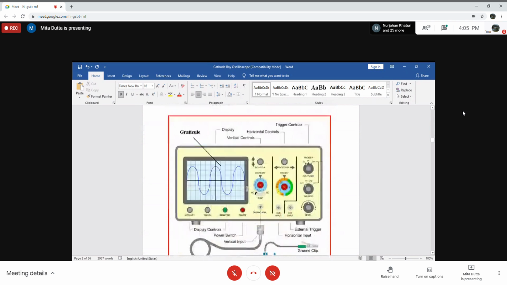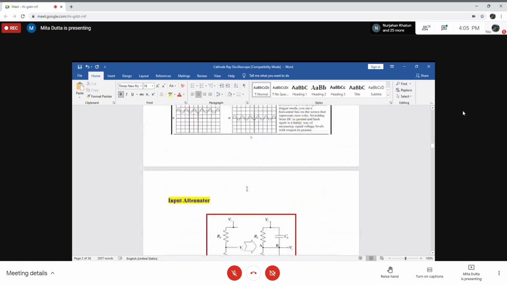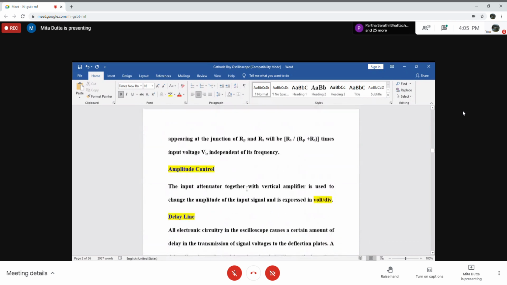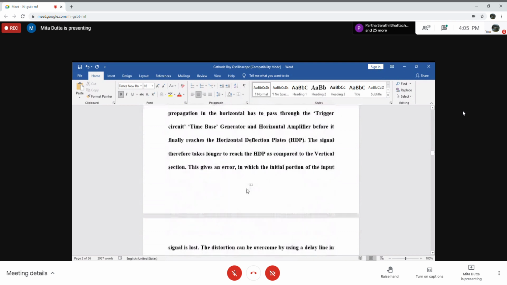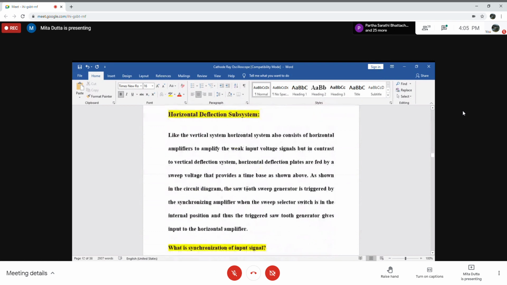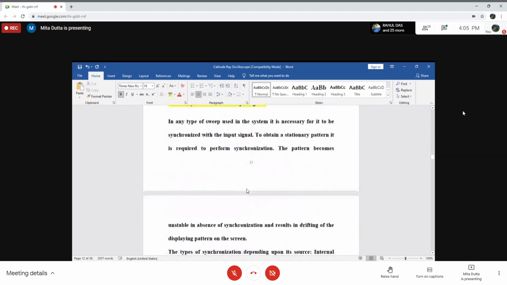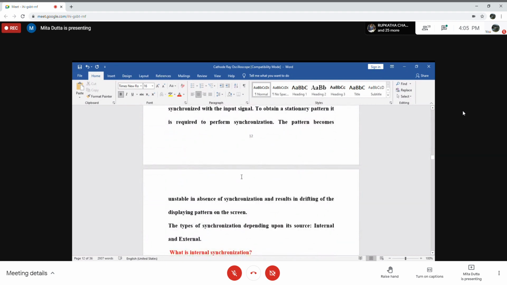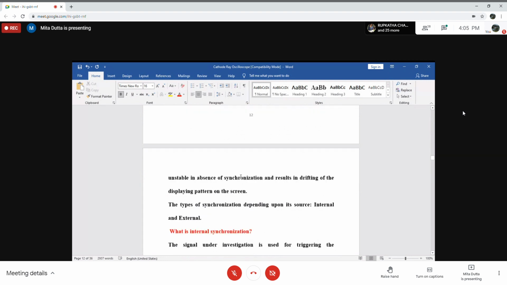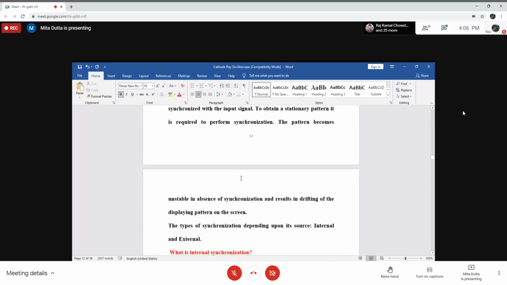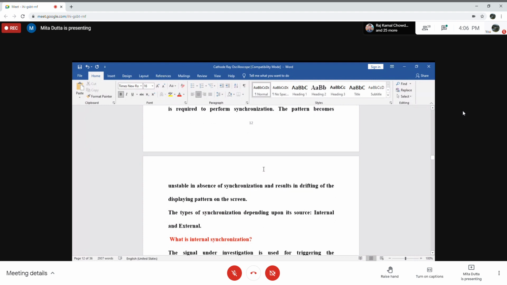Now next we have a horizontal deflection system. It also consists of a horizontal amplifier, time-base generator, and trigger circuit. This horizontal amplifier acts in two ways, internal and external.